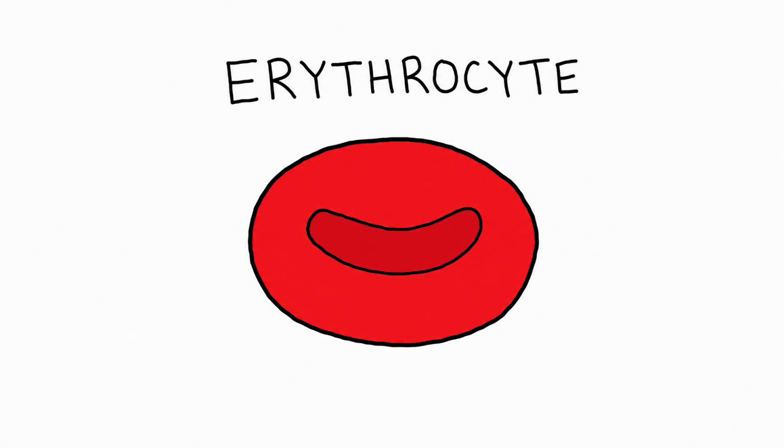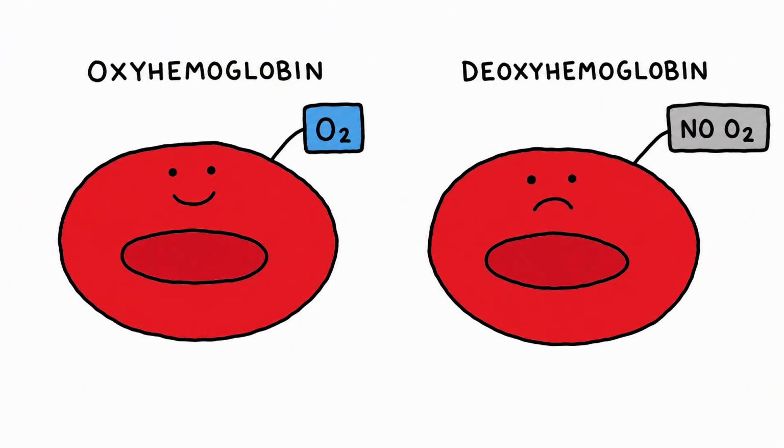So let's talk about red blood cells. Red blood cells are also known as erythrocytes. The structure is a biconcave disc, and one-third of it is hemoglobin. If you see O2 for a red blood cell, that means it's oxyhemoglobin.